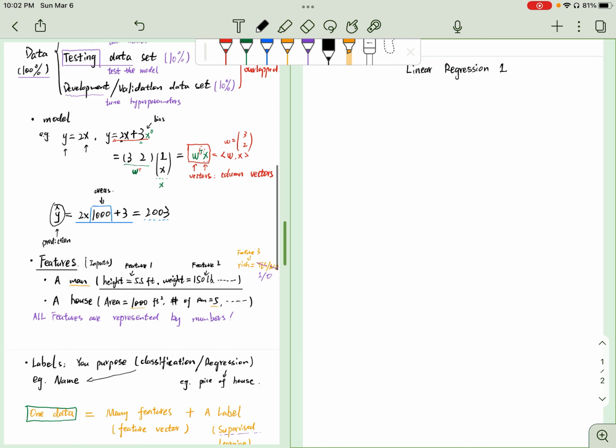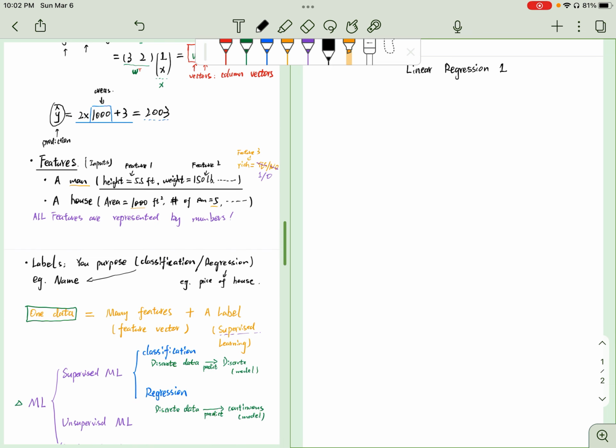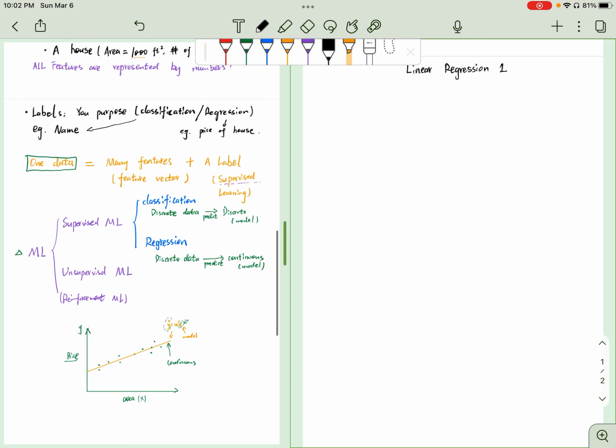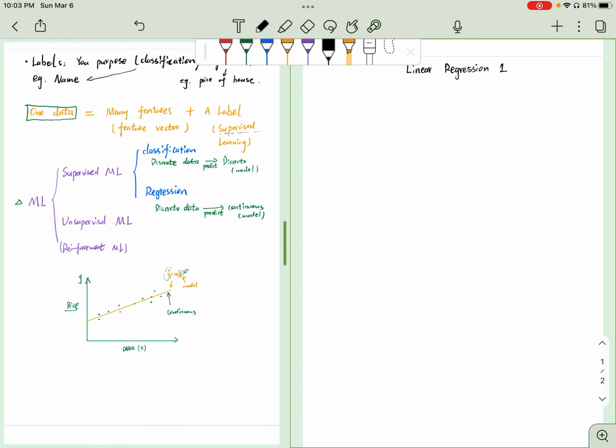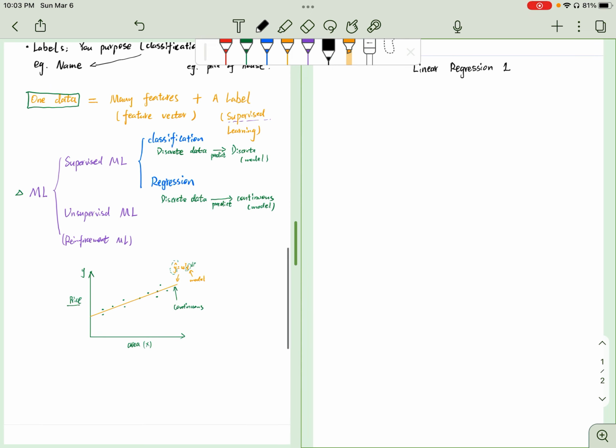What is data, what is a model, what are the features, what are the labels, and I also covered some classification of machine learning algorithms: supervised machine learning, unsupervised machine learning, and what is classification and what is regression.